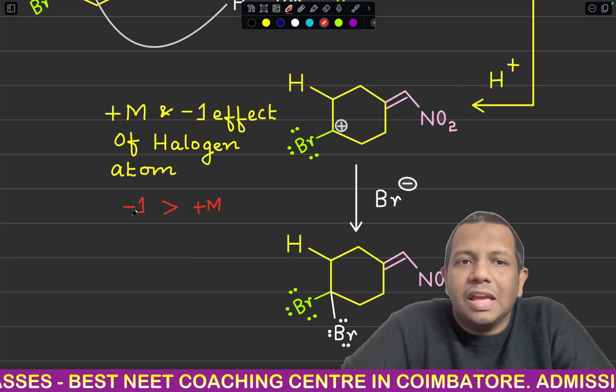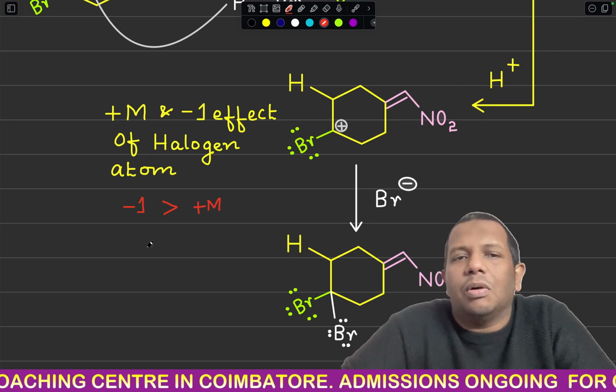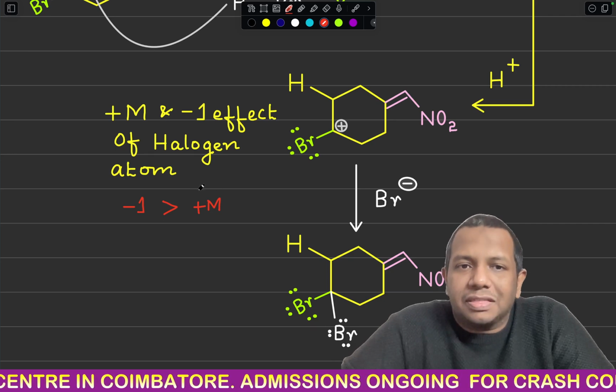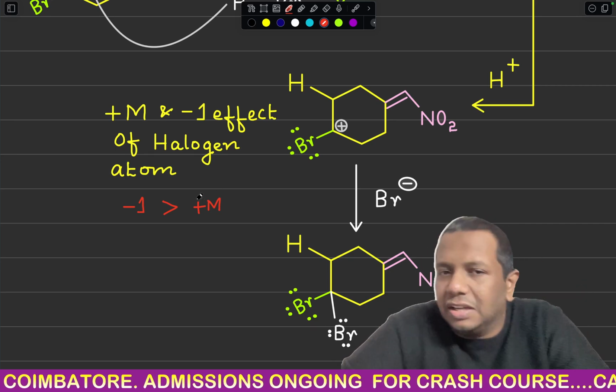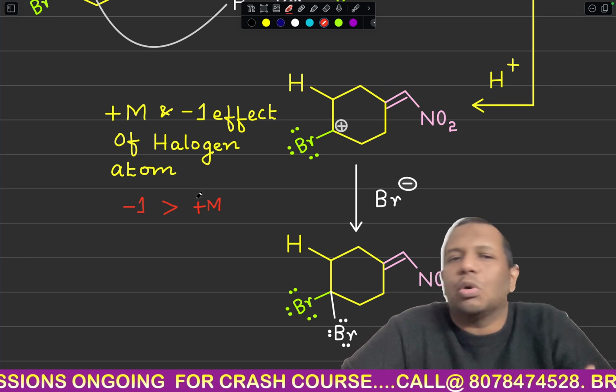The reason is that the minus I effect pulls the electron and makes the compound deactivated, and the plus M effect, due to its electron donating nature, welcomes the incoming electrophile to the ortho-para position.